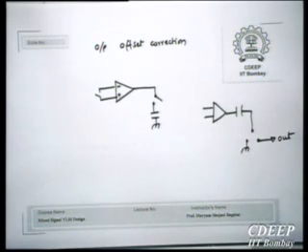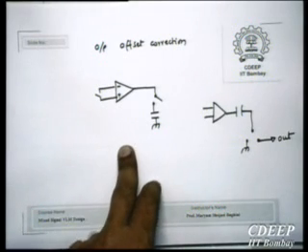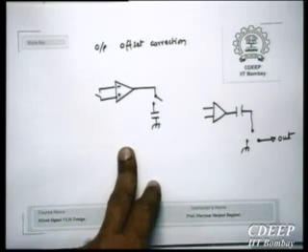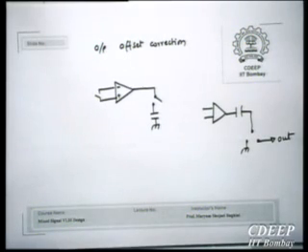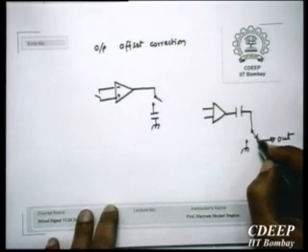It's the same configuration as before. Then the gain times the offset will be stored on this capacitor. Suppose next I put the actual value here.